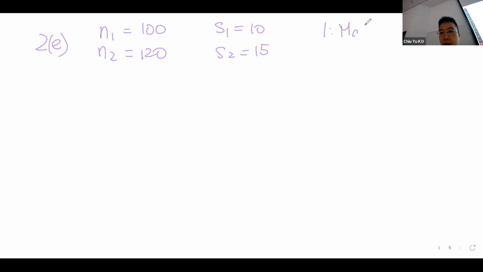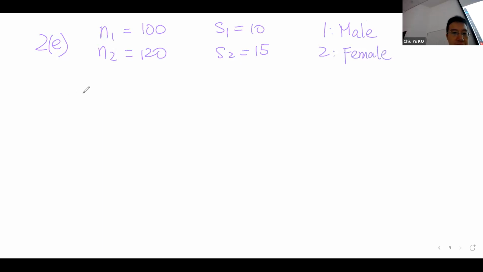Very straightforward. Just to remind yourself, N1 is 100, N2 is 120, S1 is 10, and S2 is 15, where 1 is male and 2 is female.